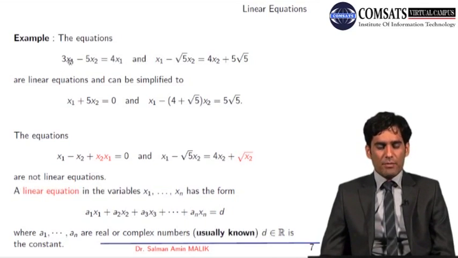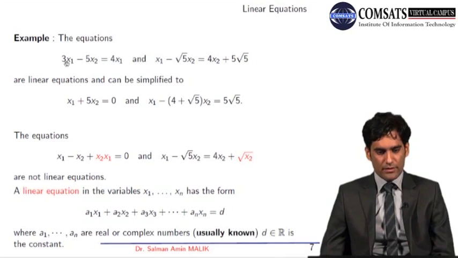In this example, the variables have power 1. This equation reads 3x1 minus 5x2 equals 4x1. Whenever the variables have power 1, we say that this is a linear equation, and we should not have any term in our equation which involves the product of two variables.